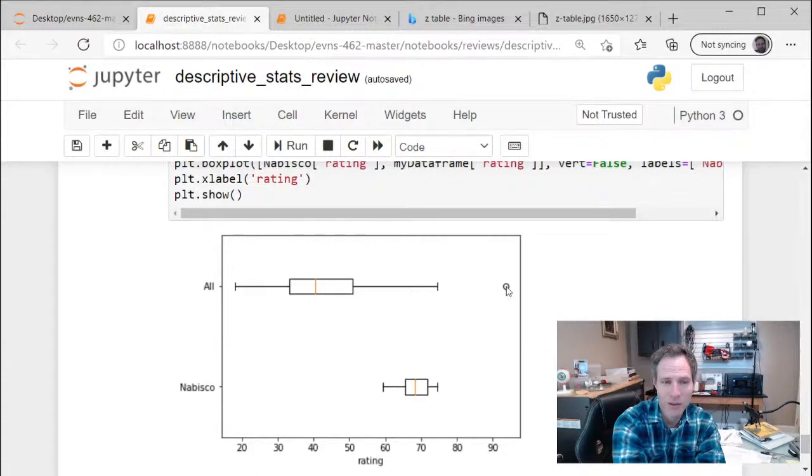In this case, the interquartile range is this distance right here, and the length of this whisker is 1.5 times that distance. So this value is beyond that distance, so it's considered an outlier and it's labeled with a circle.